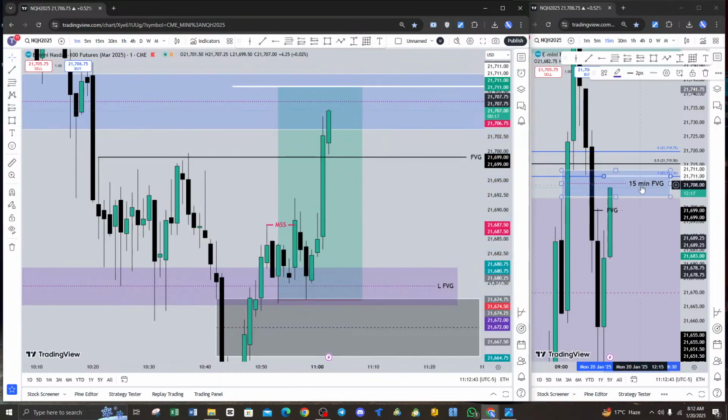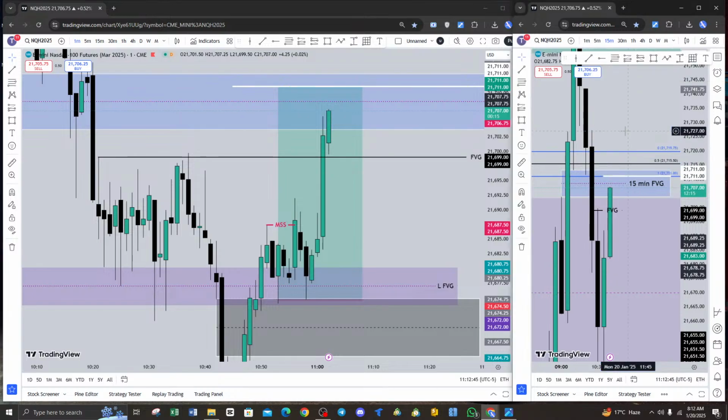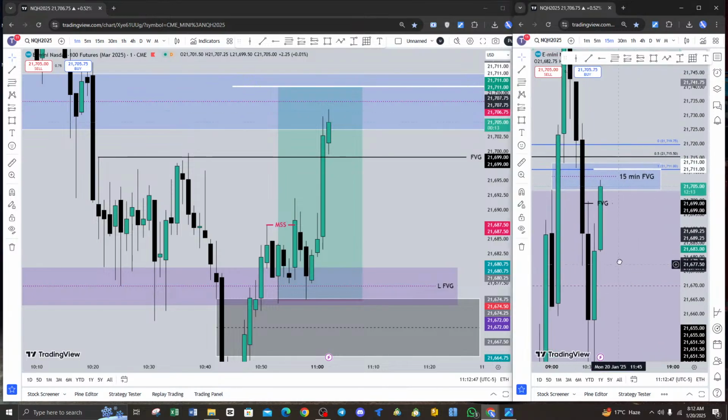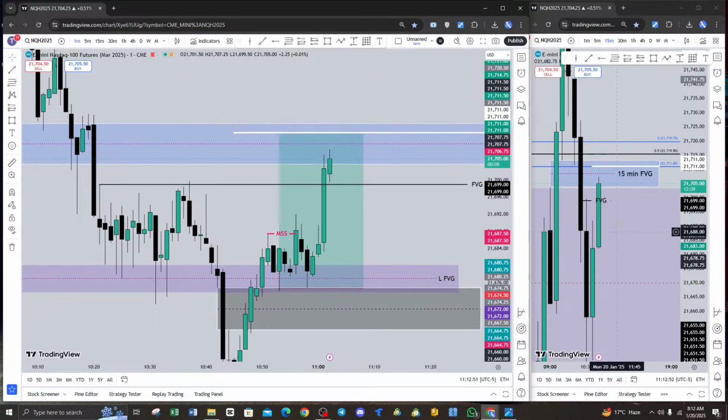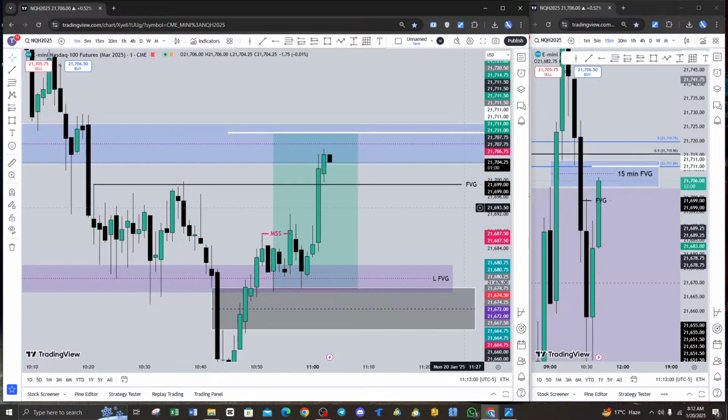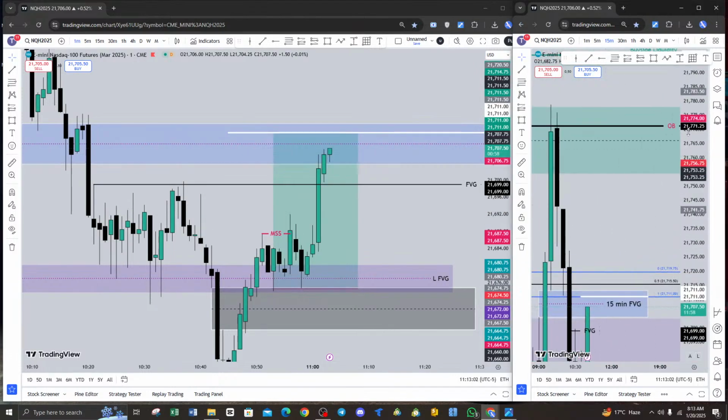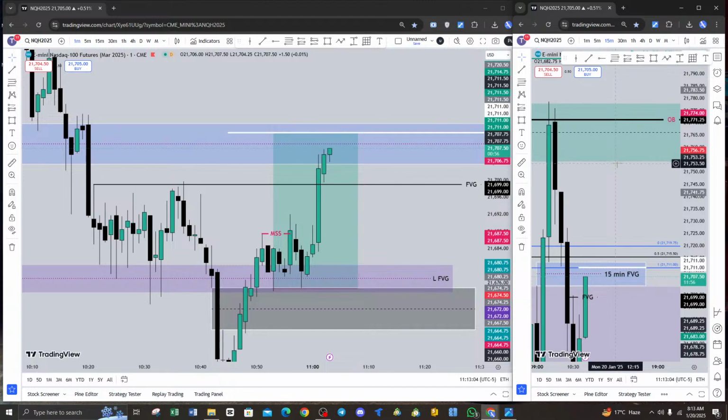And that's the 15 minutes fair value gap. Now I am fully bullish, as I can see the market. I want to see if this new week opening gap is completely broken, then I would like to see the market go until here.